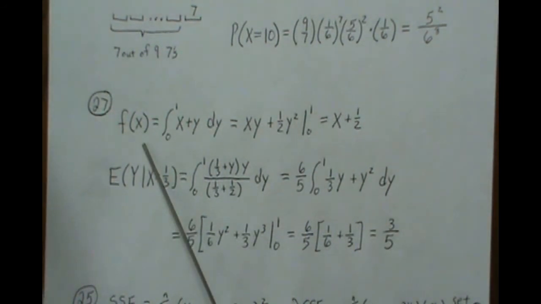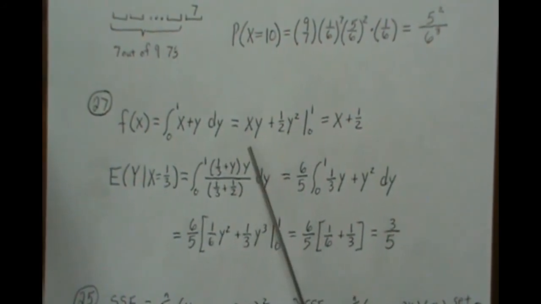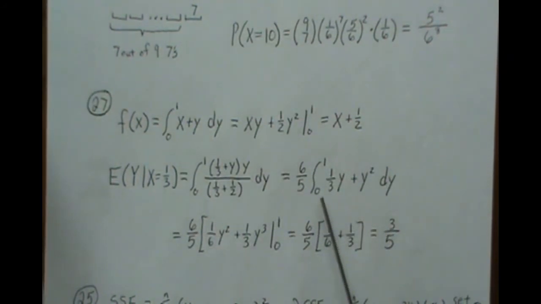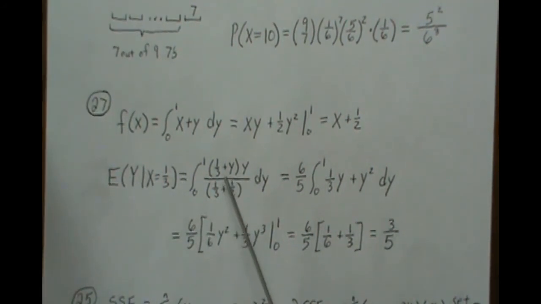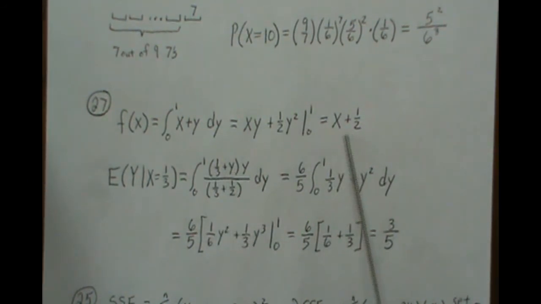First of all, we find the marginal of X, so we have to integrate out y. Taking the antiderivative and plugging in the limits, we get x plus 1/2. So now we have the density function for Y given X, which is x plus y over x plus 1/2.